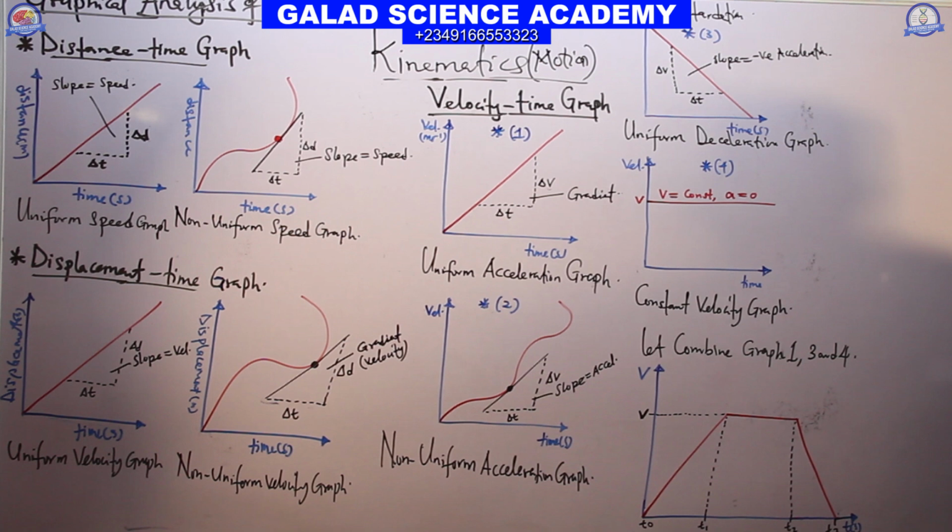You now have the slope or gradient of the curve, which is acceleration. Since the graph is not straight, we call it a non-uniform acceleration graph.